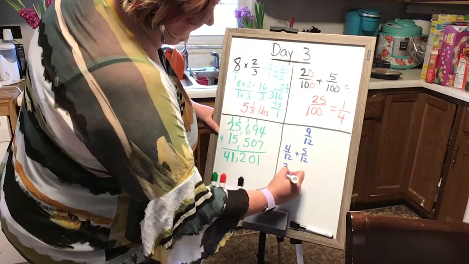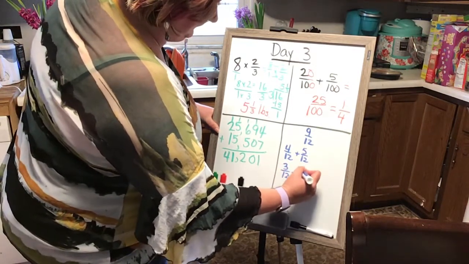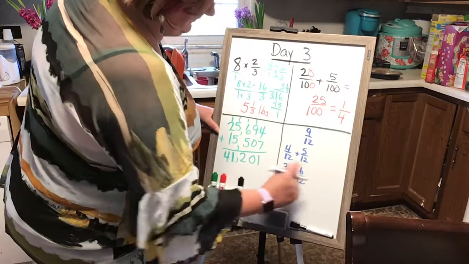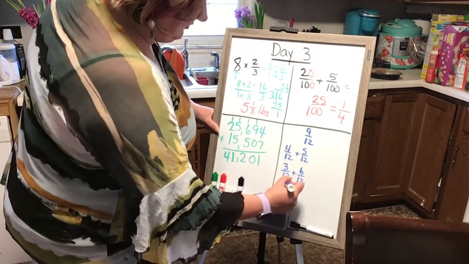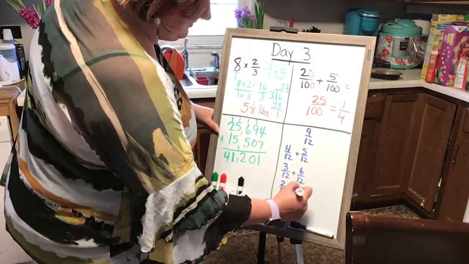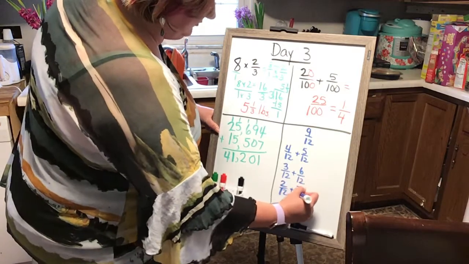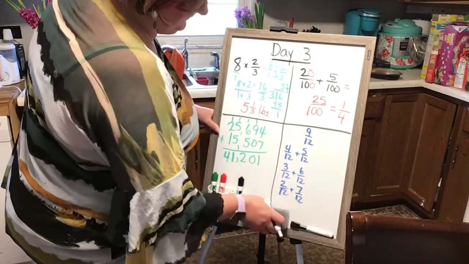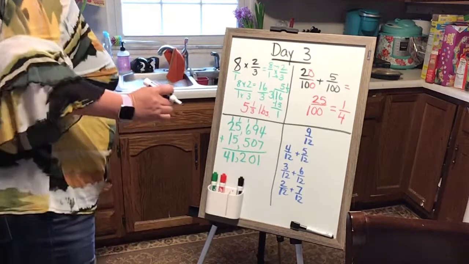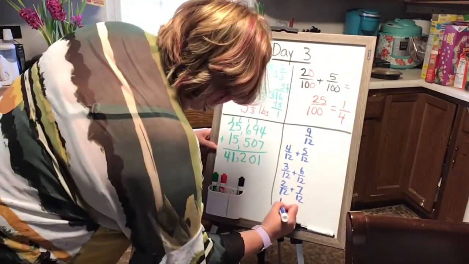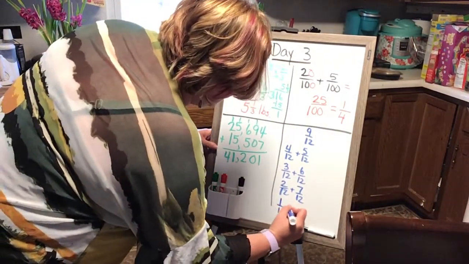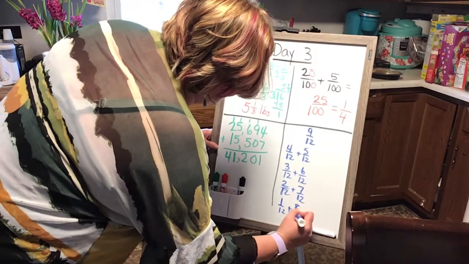We can do 3/12 plus 6/12, because 3 plus 6 gives us 9. We can do 2/12 plus 7/12. Or we could do 1/12 plus 8/12.